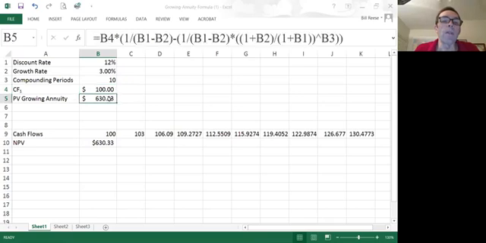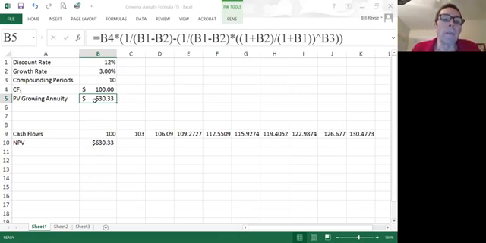And here, I've just typed out that growing annuity formula. I'm saying the cash flow at time 1 times 1 over R minus G minus 1 over R minus G times (1 plus G over 1 plus R) raised to the T power. That's all I did. The hardest part was putting together the parentheses in the right spots.